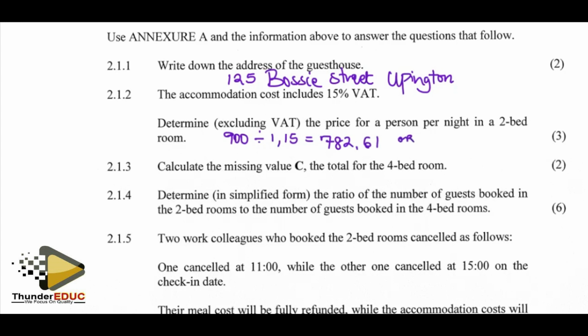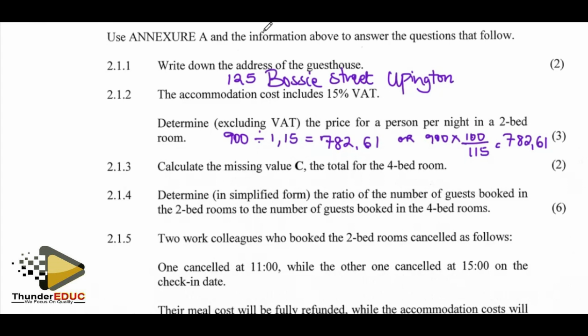Another method you would have used would be 900 times 100 over 115. Still get the same answer. Would still be right.